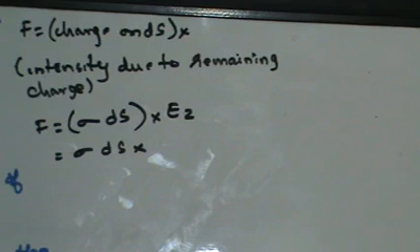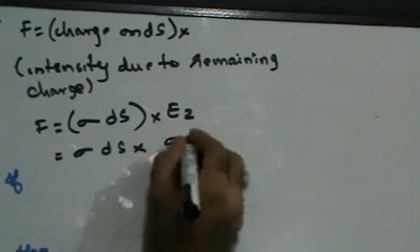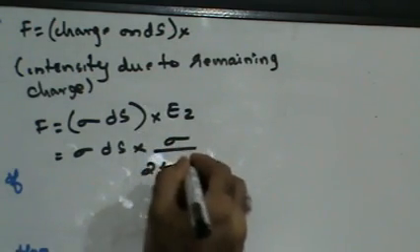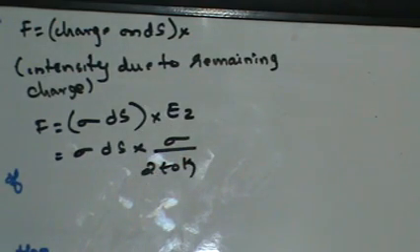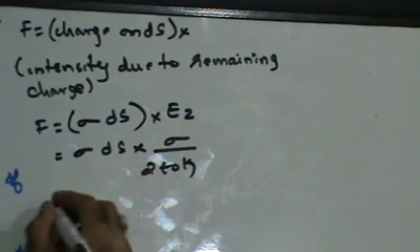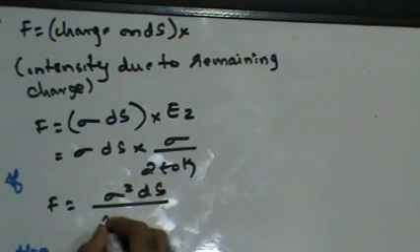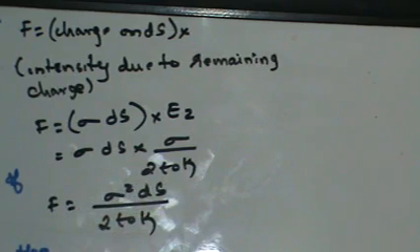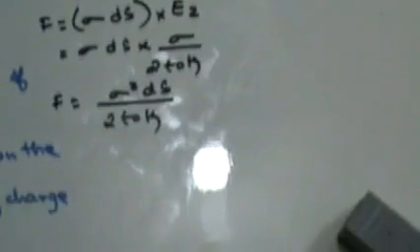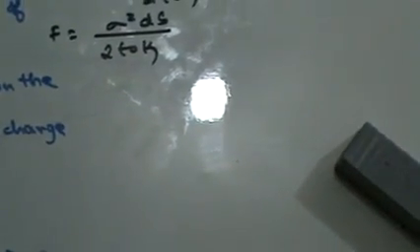E2 we found out is nothing but sigma upon 2 epsilon 0 k. Hence I can say that the force exerted is sigma square ds upon 2 epsilon 0 k. Right? Now this is the force that is going to be acting on area ds.